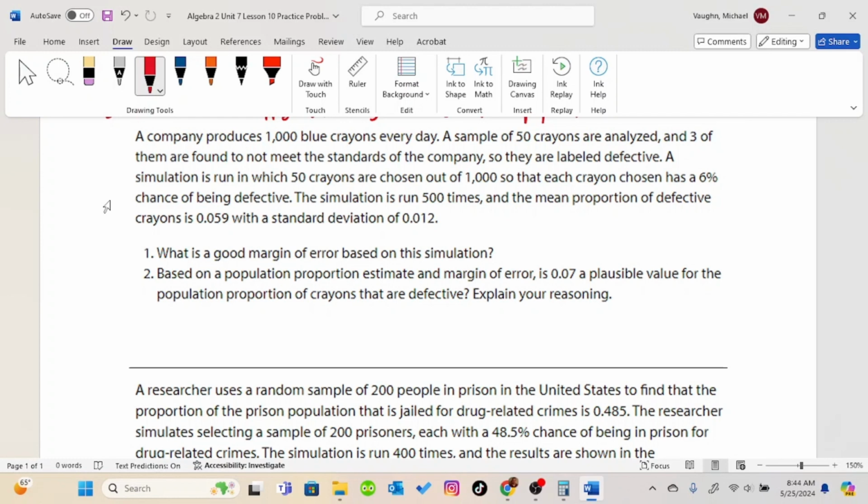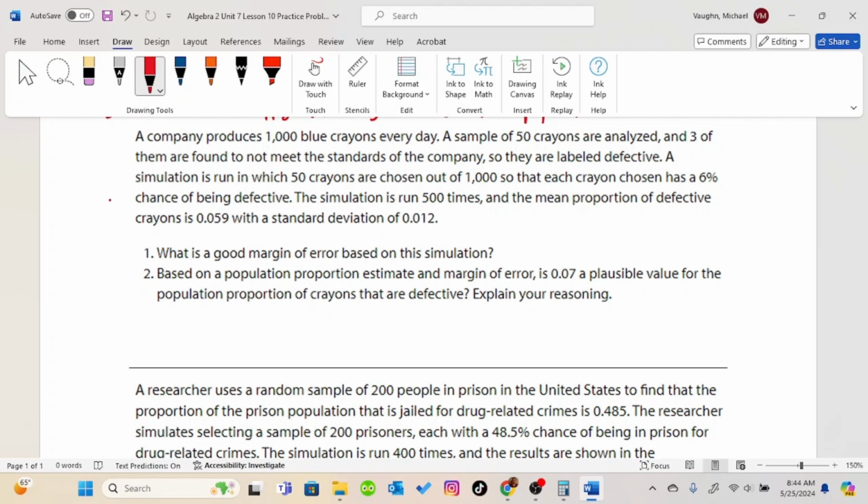The simulation is run 500 times, and the mean proportion of defective crayons is 0.059, which is a standard deviation of 0.012. What is a good margin of error based on this simulation?